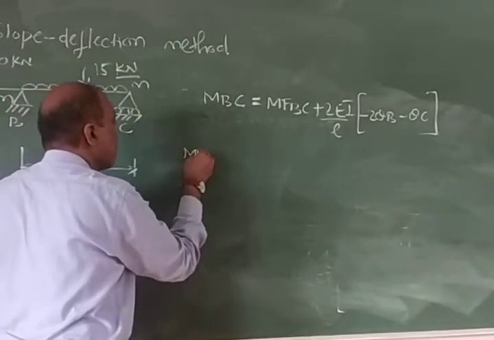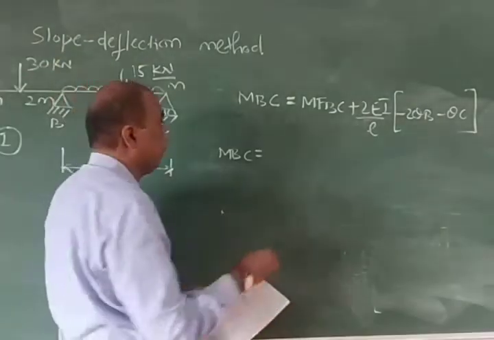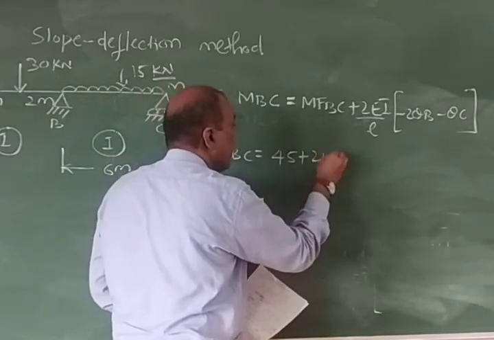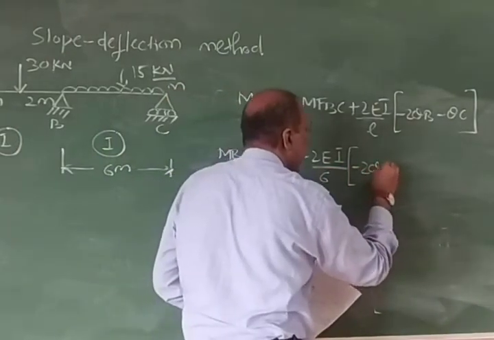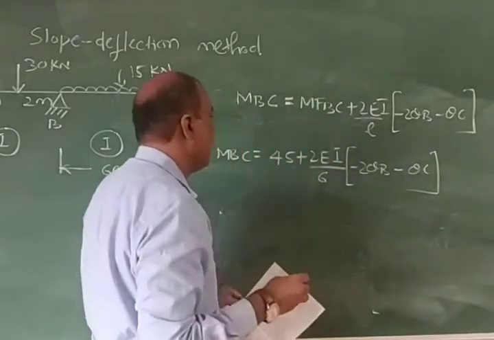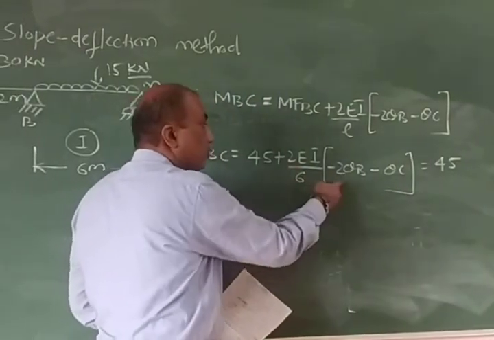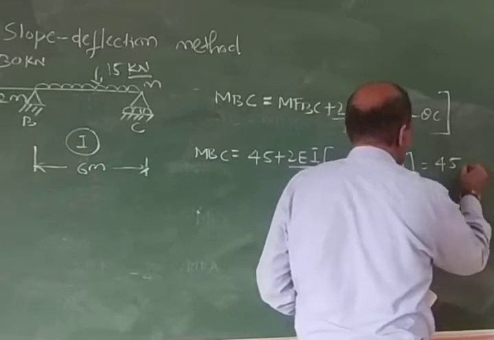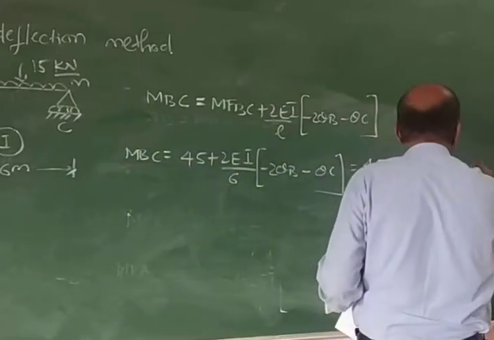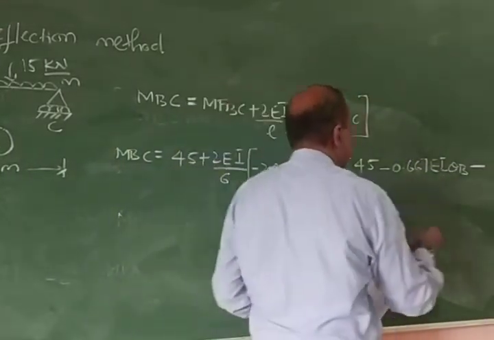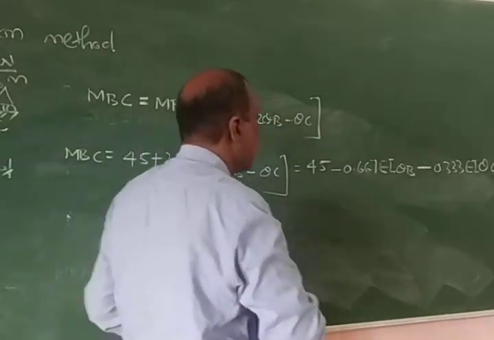MFBC we have found out, it is equal to 45, plus 2EI, L for BC again 6, minus 2 theta B minus theta C. When you simplify this, it becomes 45, 2 by 6 is 1 by 3, into 2 is 0.667, minus 0.667 EI theta B minus 0.333 EI theta C. You just have to simplify this, that's all. So this is your third equation.